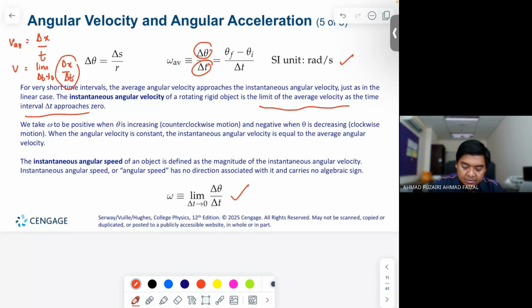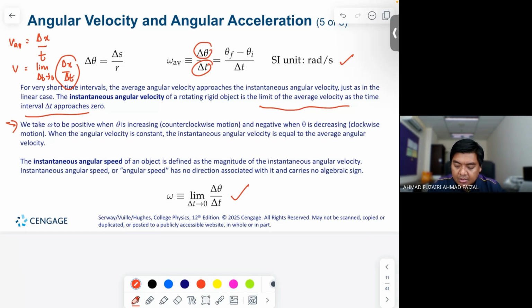It's very important. We take omega to be positive when theta is increasing. How can we get theta to increase?